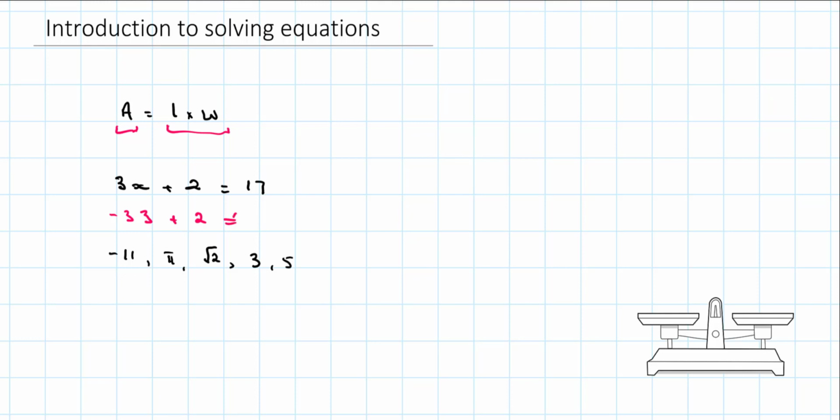And negative 31 does not equal 17. So negative 11 doesn't work here. It doesn't make my equation true. But if I had just 3x + 2, there are no problems with substituting negative 11 in there. That would give me negative 33 + 2, and we know that's equal to negative 31.